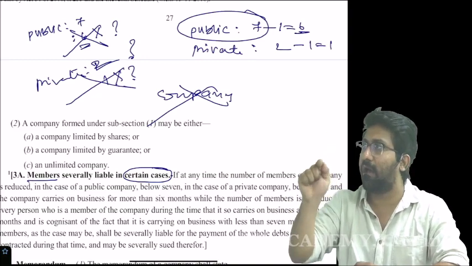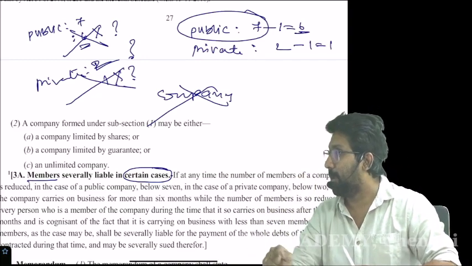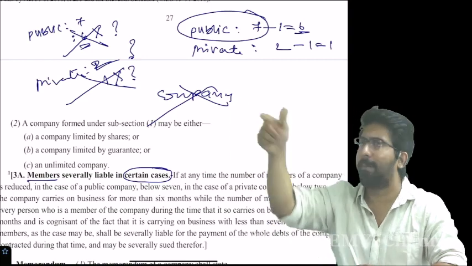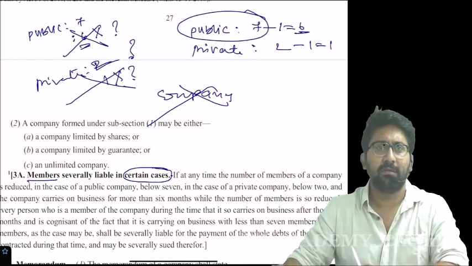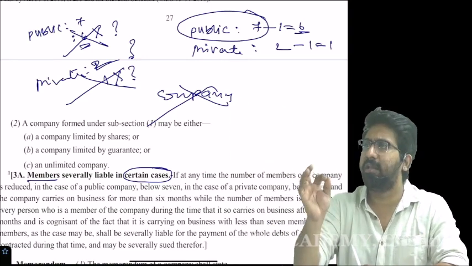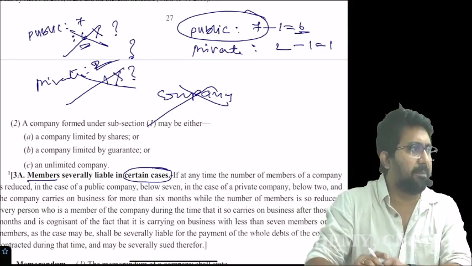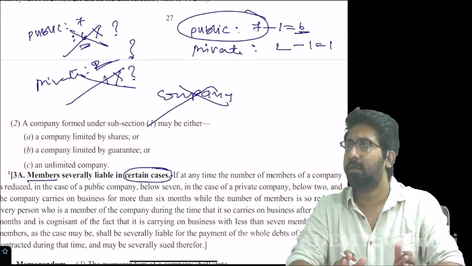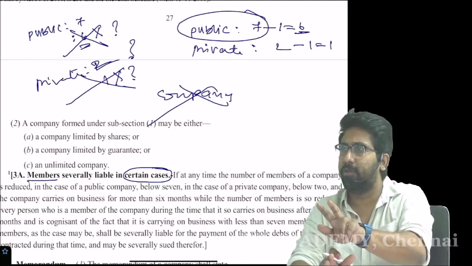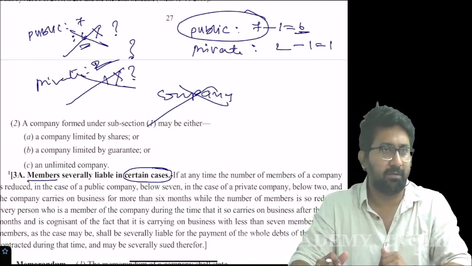When you are not a company, why are you telling the public that you are a company? You are not a company. The moment the number falls below the minimum, you lost the status of a company. When you are not a company, you should not act in the name of a company.